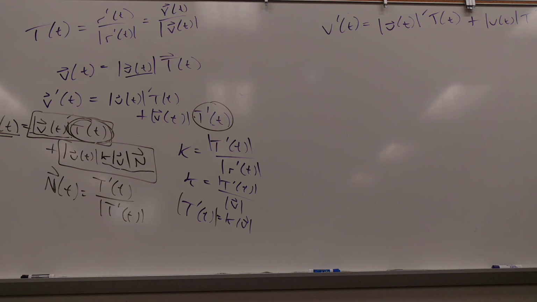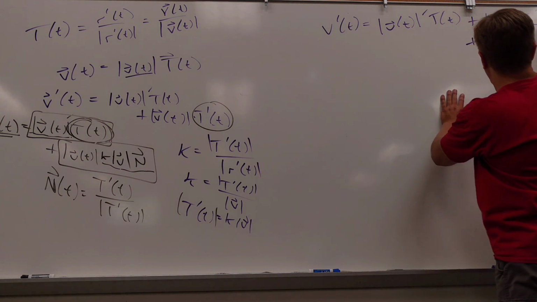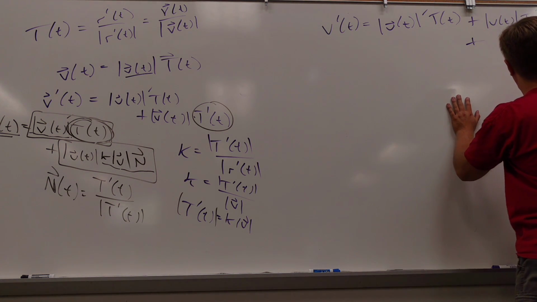Cool. All right. So now using these things, I can replace this with k times v times n, and there's another v there. So like somebody said, I can replace this piece with k v n.